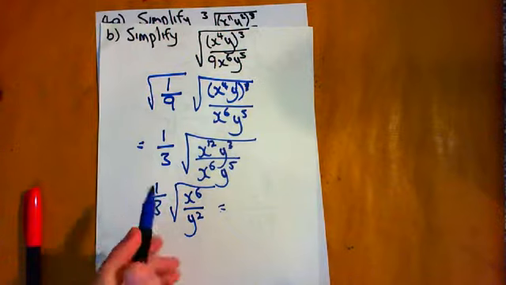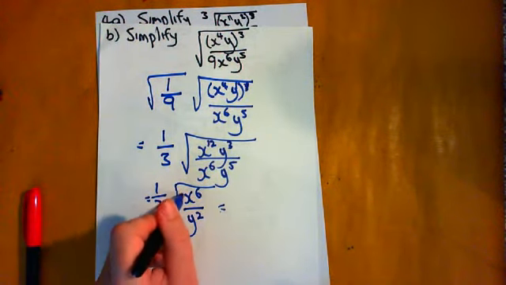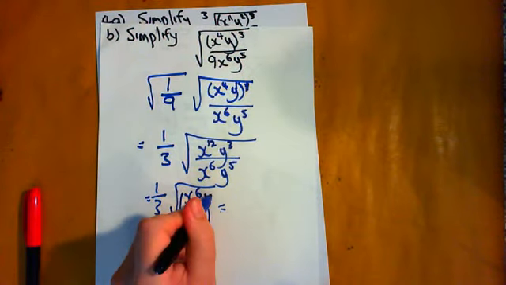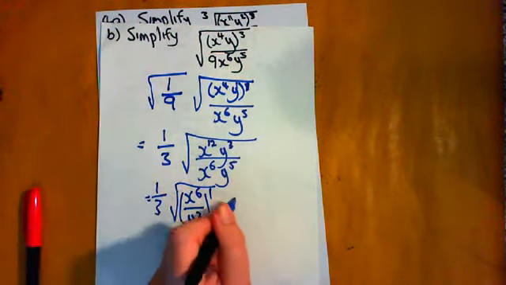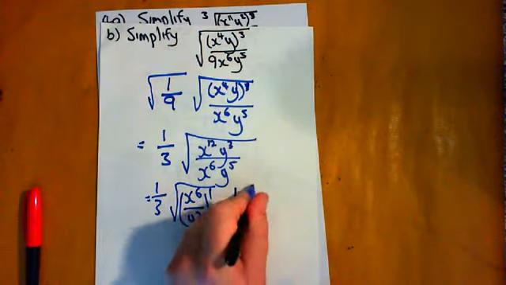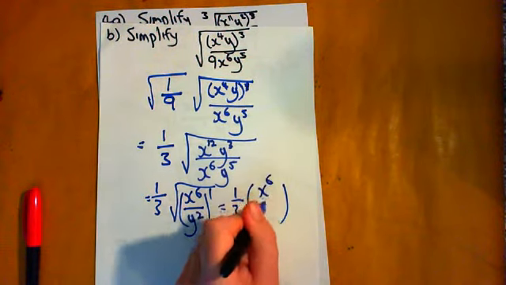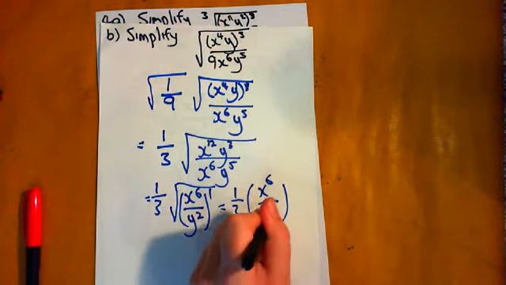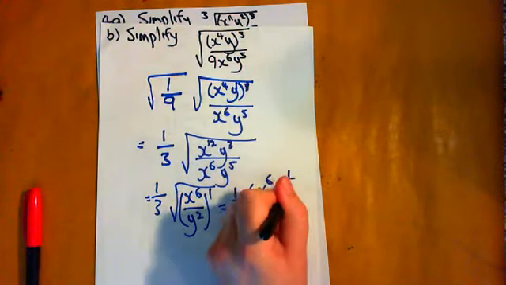Now the square root, so we can imagine all of this bracket to the power of 1, and if there's nothing here, assume that's a 2. So this is going to be 1/3 times x to the power of 6 divided by y squared, to the power of 1/2.